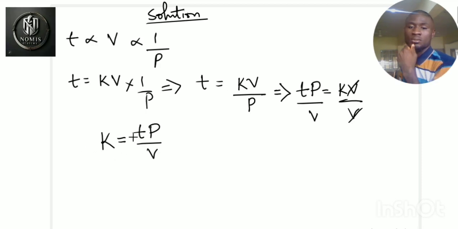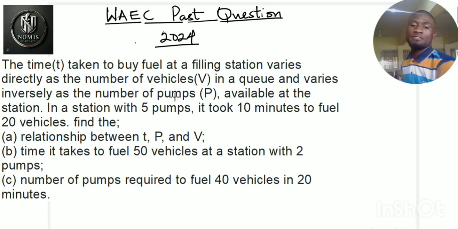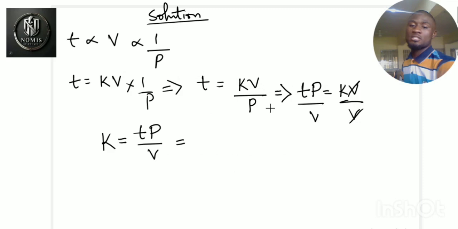Now that we have K equals TP all over V, let's find the value of K. In a station with 5 pumps, it took 10 minutes to fuel 20 vehicles.